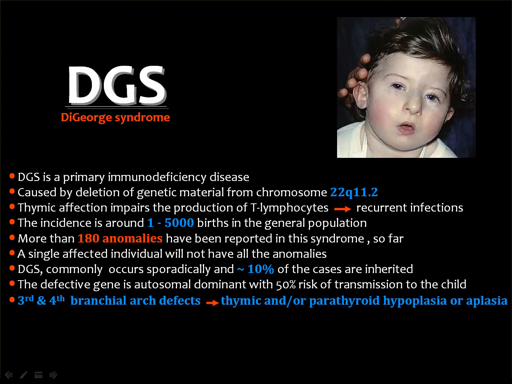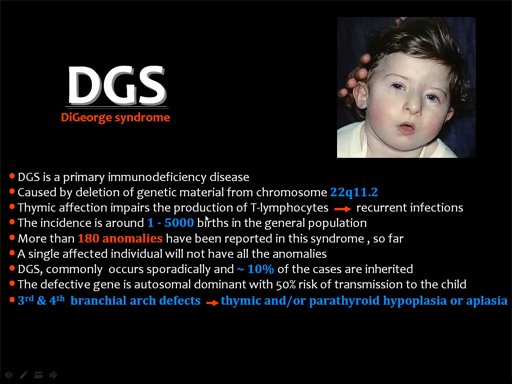DiGeorge syndrome is an immunodeficiency disease caused by deletion of genetic material from the chromosome 22q11.2. This chromosomal abnormality will affect the thymus and results in impaired production of T lymphocytes, which will result in exposure of the patient to many infectious diseases.